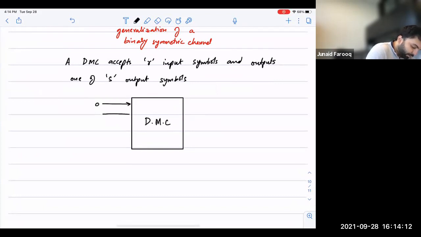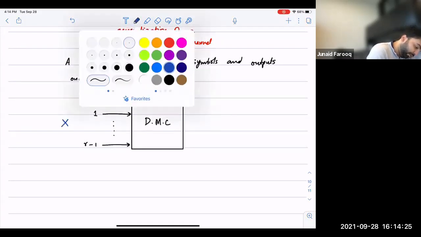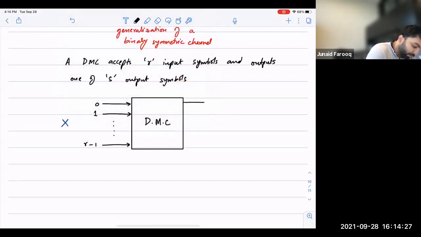So the first one is 0, 1. Instead of having binary inputs, we have 0 to R minus 1 different inputs of the variable X. And at the output, we can have S different outputs, so S minus 1. Let's call it Y.